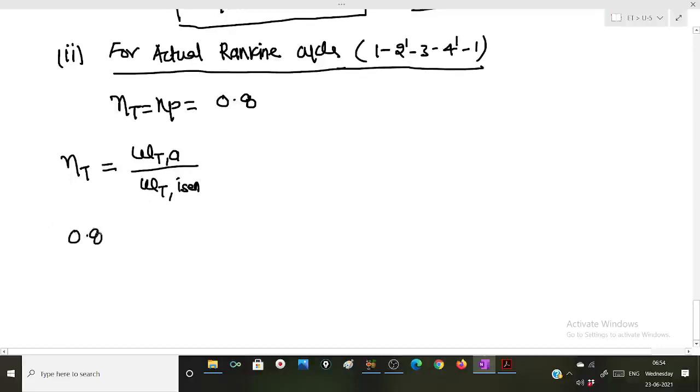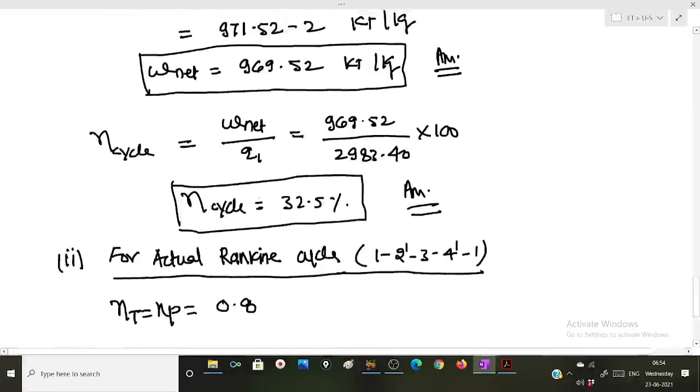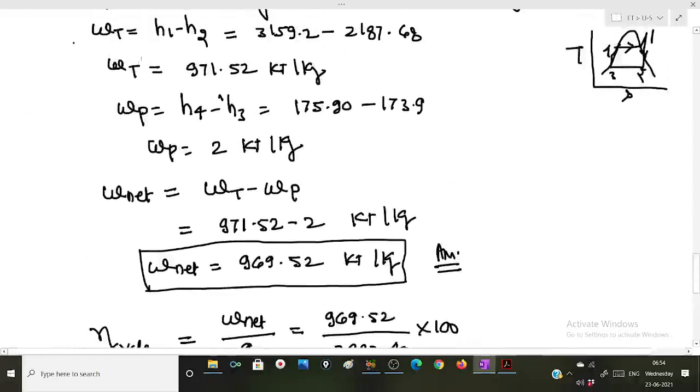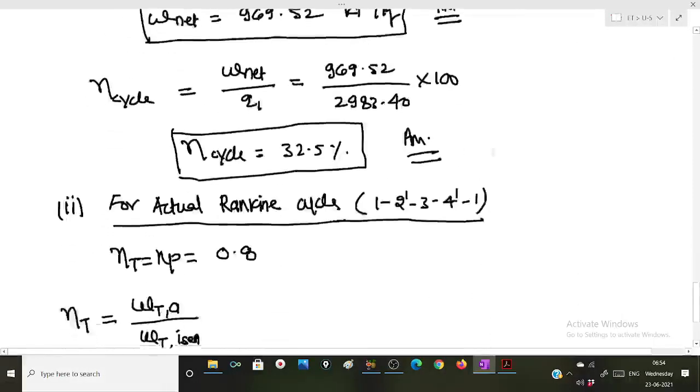Efficiency is 80%. Isentropic turbine work is nothing but work done by the turbine considering ideal processes, and this we have calculated as 971.52 kilojoule per kg.